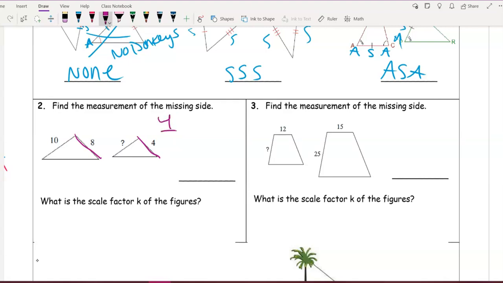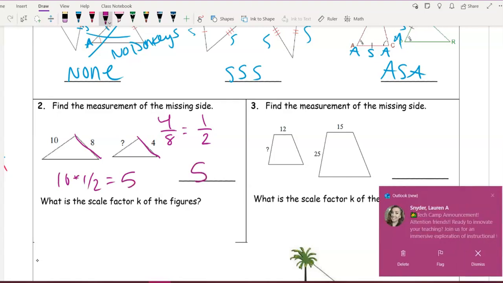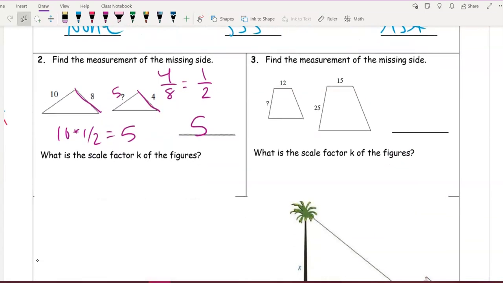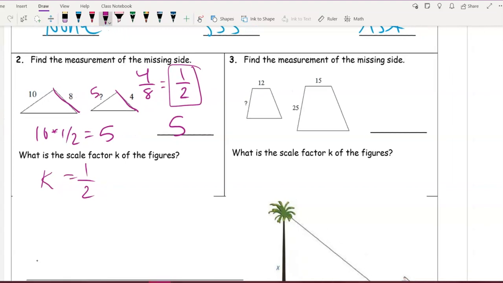So we'll do 4 over 8, which is 1/2. Then 10 times 1/2 is 5. So our missing side is 5. What is the scale factor? It is 1/2. That was the number we came up with. K equals 1/2.